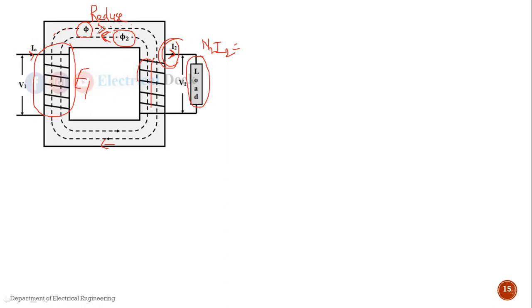See, due to the resultant flux being reduced, the resultant flux in the primary coil will be reduced. That means the induced EMF in the primary coil will be reduced. Primary coil मधले induced EMF will be reduced. That means the induced EMF in the primary side will go on decreasing.